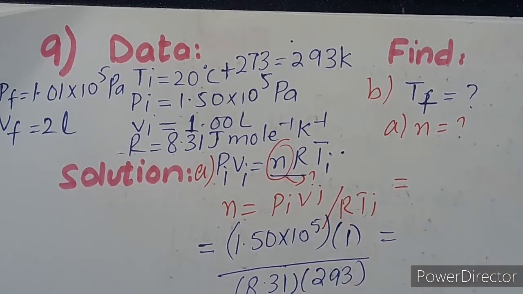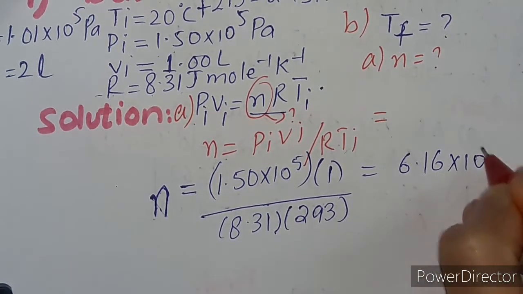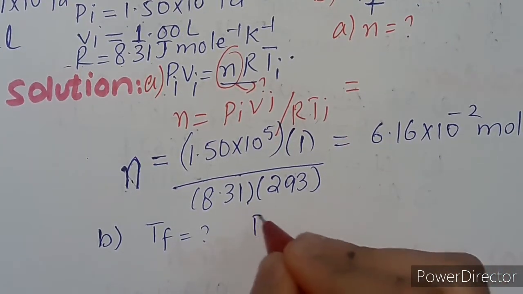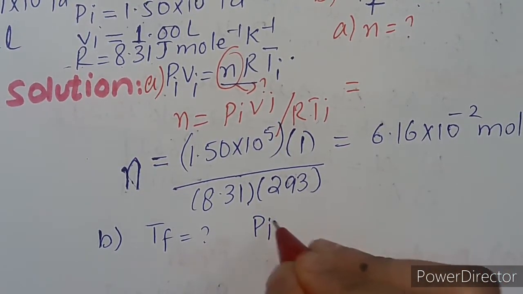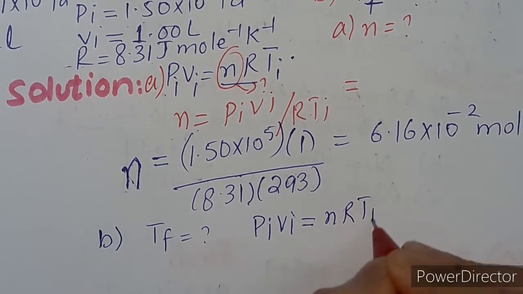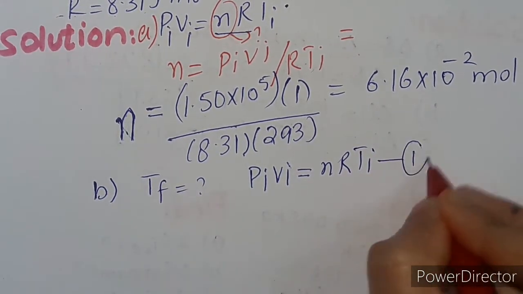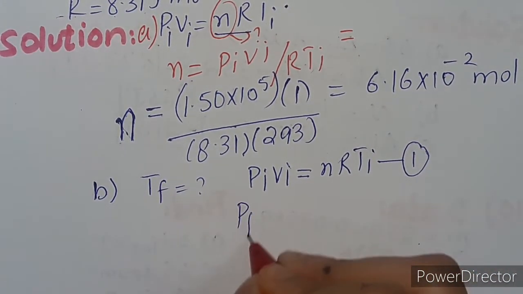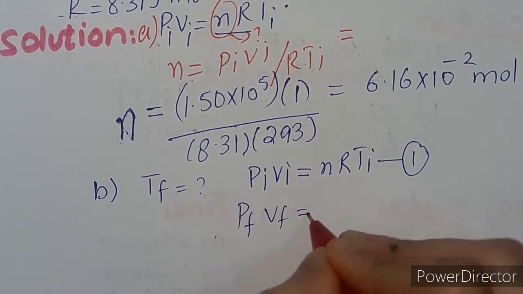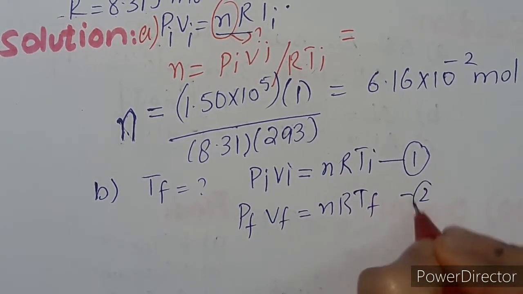Now multiplying it, the answer is 6.16 10 to the power minus something. Now we know that PiVi is equal to nRTi. This is equation number 1, and PfVf is equal to nRTf. This is equation number 2.